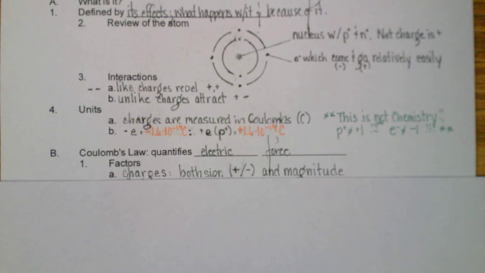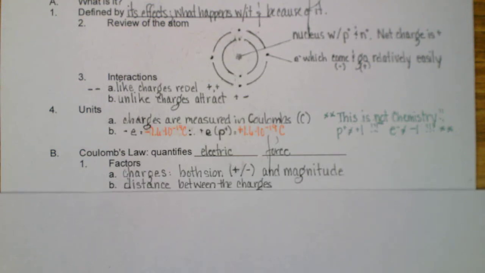Here are the factors, and you could probably work through this in your mind. The factors are the charges, both positive and negative, so both sign and magnitude go into working through the charges with it. So the factors are the charges, and the other factor is the distance.